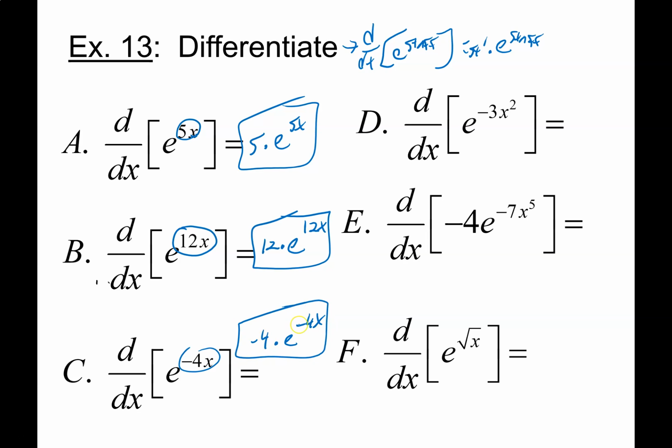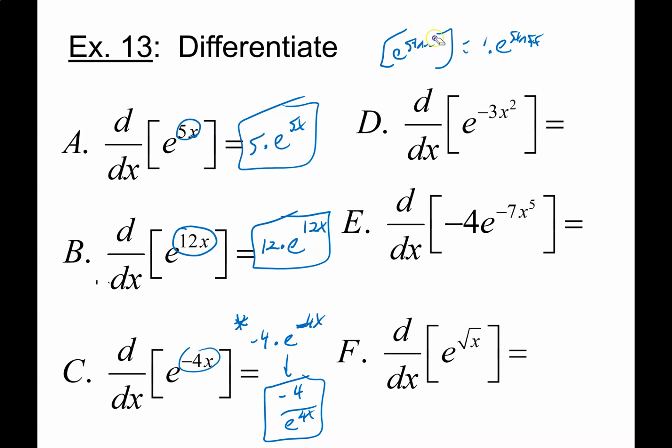Now, again, if you want this negative power, you could actually move it to the bottom and say that's negative 4 over e to the 4x, if that gives you pleasure. If the negative exponents don't bother you or your instructor, negative 4 e to the negative 4x is fine. Free response on the AP test, leave it like this. Okay.